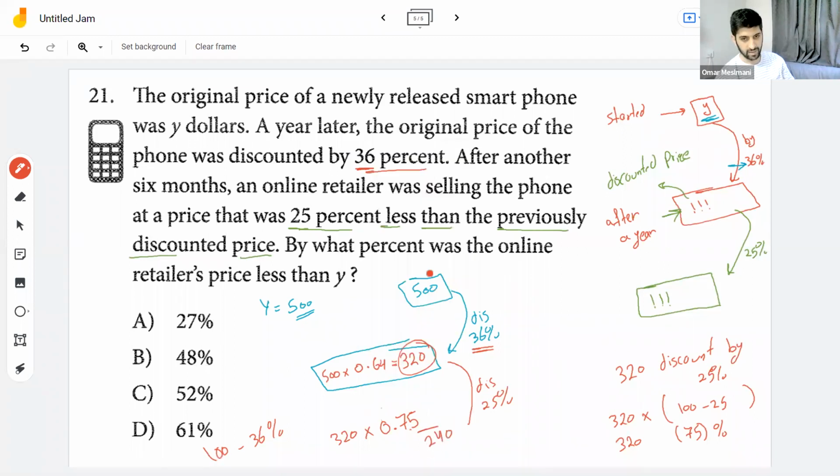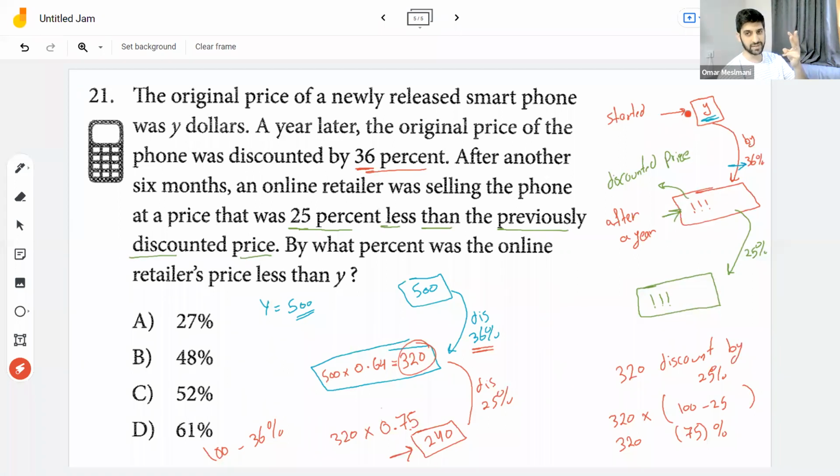All right. Yahya, tell me, what does this 240 represent? The final price. This 240 represents the final online price. Again, here we have three prices.